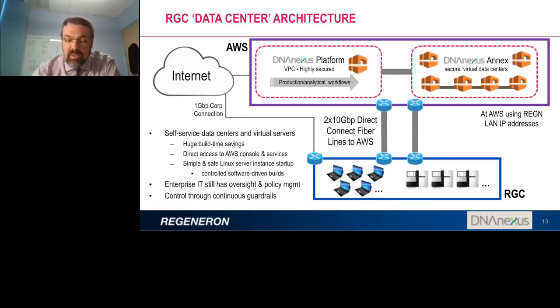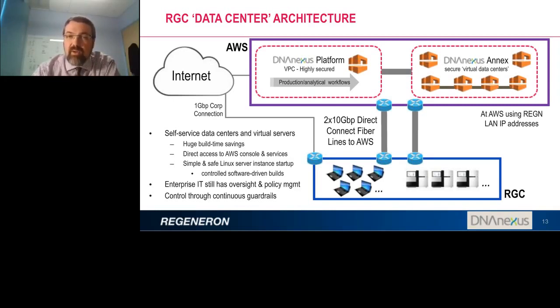We also, of course, as a science-focused and innovative genome sequencing effort, like to do new things and try to do things a bit differently, maybe that don't fit in the production or analytical workflow framework. And so we have a separate area, we like to call it the annex, which really allows us to provision secure virtual data centers. And this is really a great solution for everyone in that the enterprise IT group still has oversight and policy management, so they're happy.